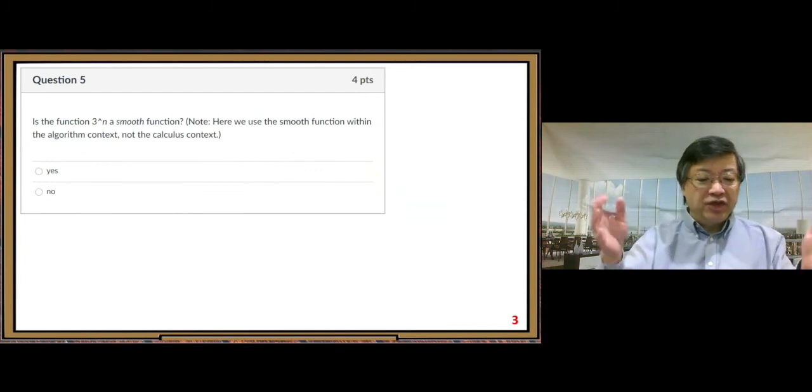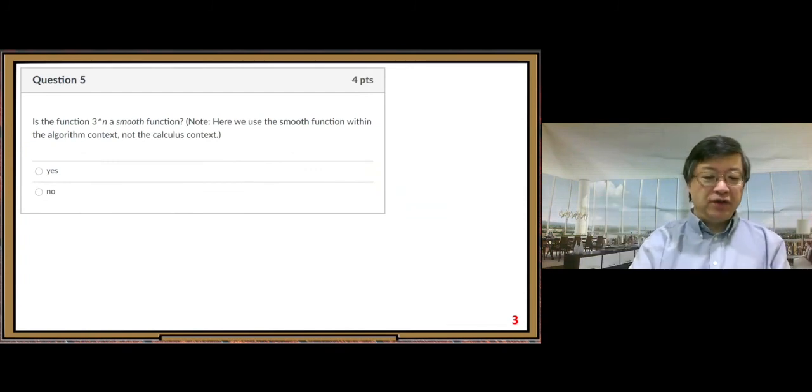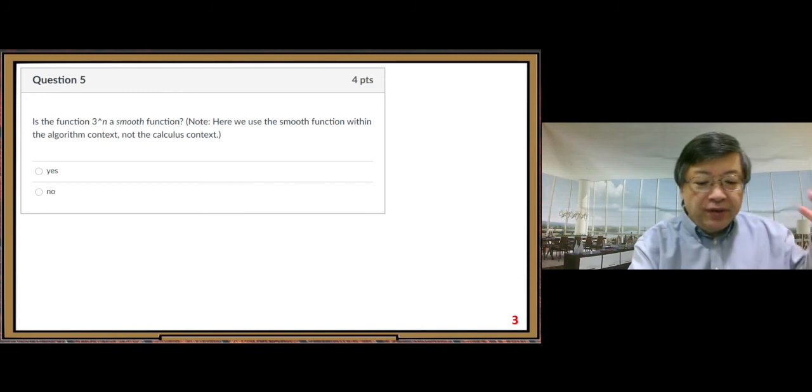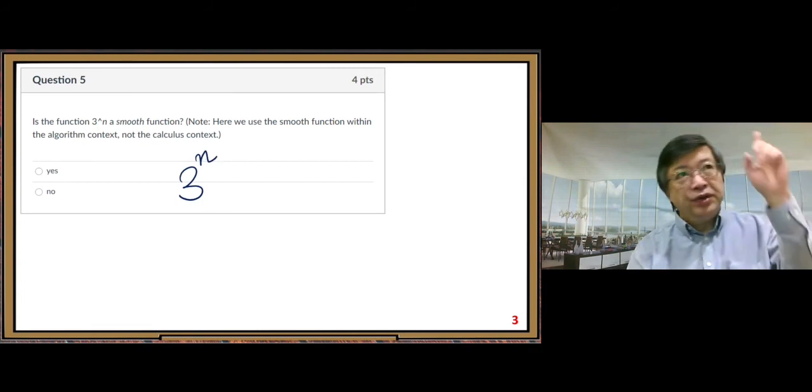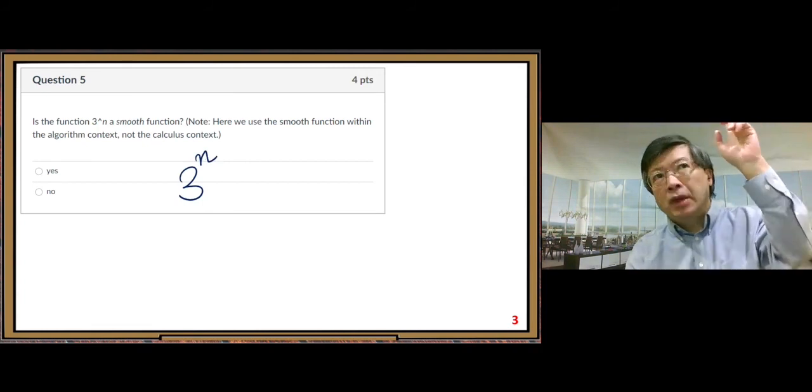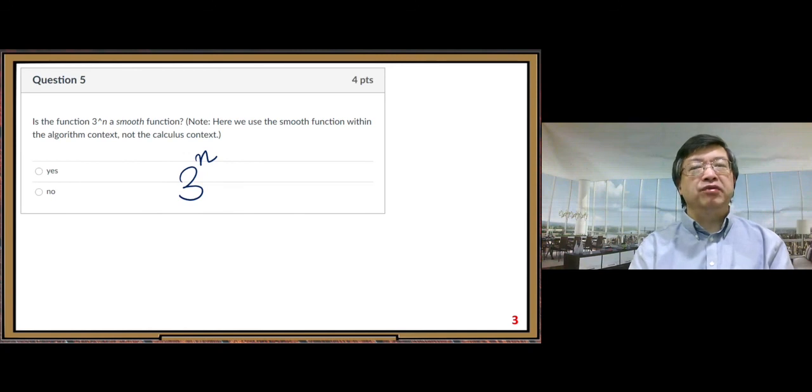Last question of this part. Smooth function. Is the function 3 to the n a smooth function? Here, I hope you use the definition to prove it.